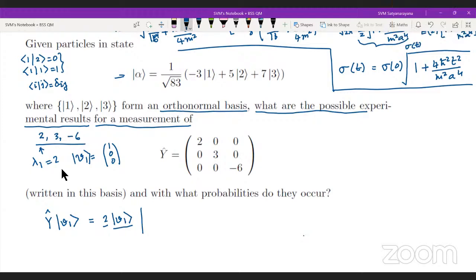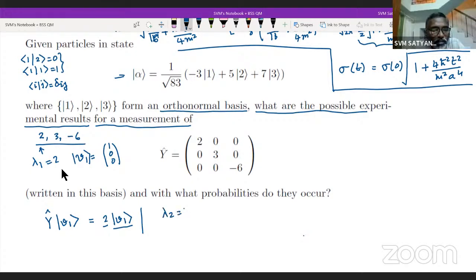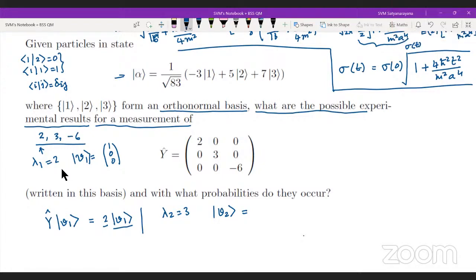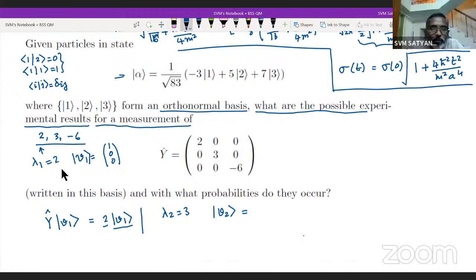Now tell me what is the eigenvector corresponding to lambda 2 equal to 3. What is V2? Sir, is it 0, 1, 0? Yes, that is 0, 1, 0. Once you have a diagonal matrix, these are always your eigenvectors. So these are the 3 eigenvectors.